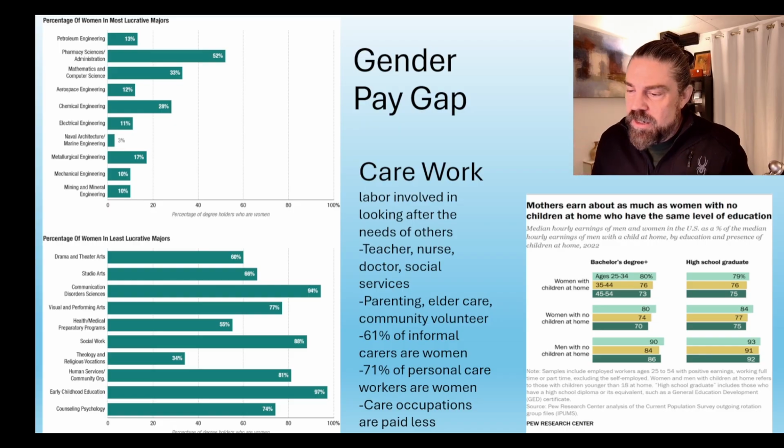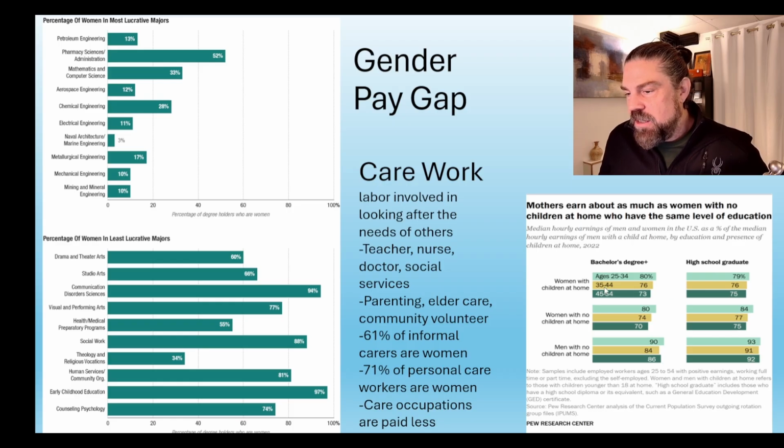Here's another picture that shows something interesting. This is men with no children at home, and this is how much they earn on a scale, right? So men with no children at home with a bachelor's degree tend to earn 90, 84, 86. Don't worry about what these separate categories entail, but they earn more than anyone else, right?